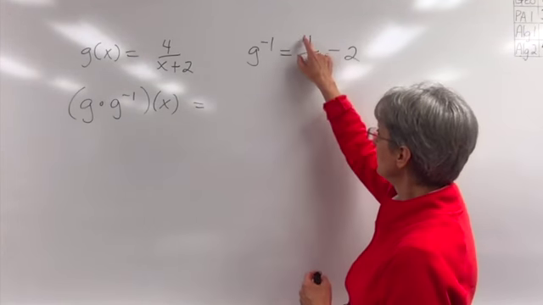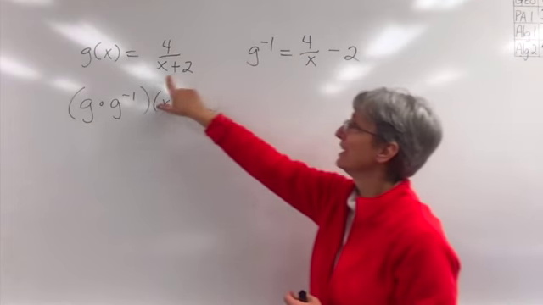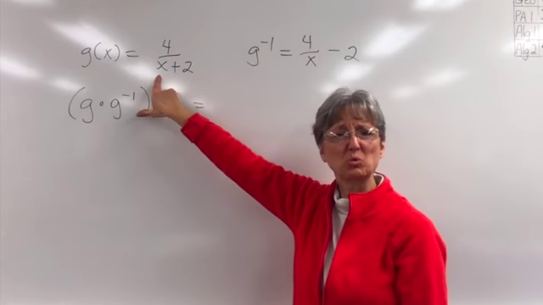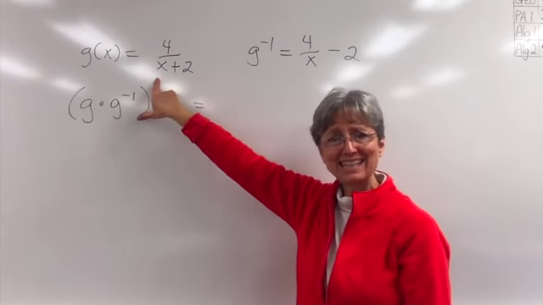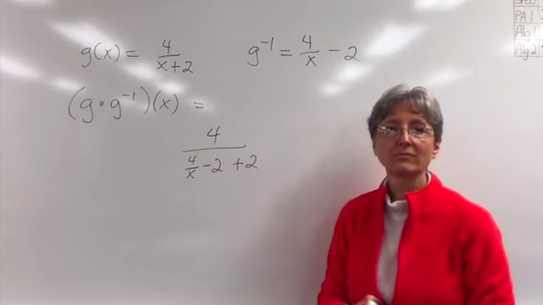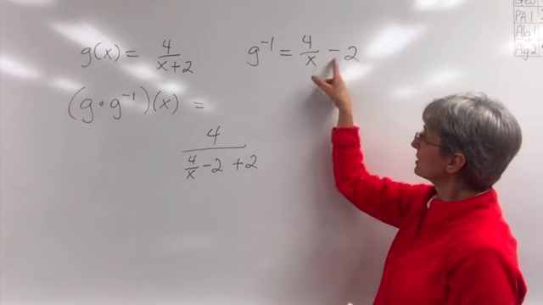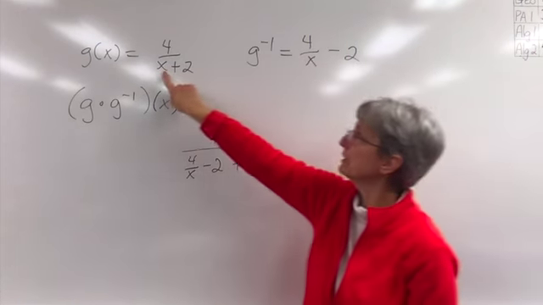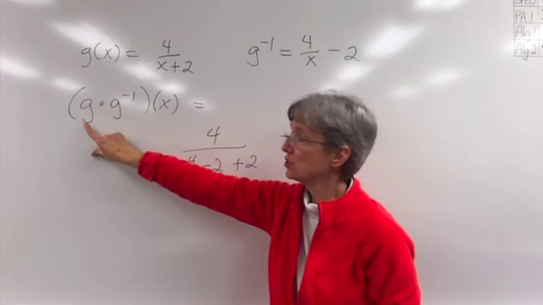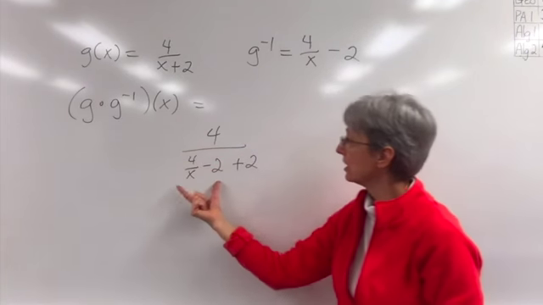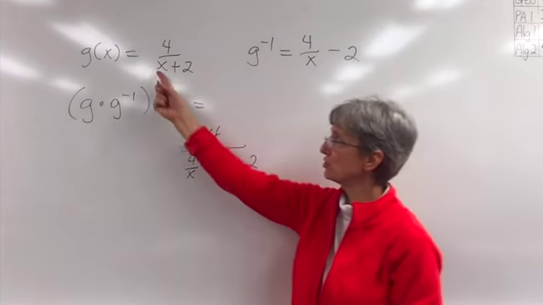Which means I'm putting this 4 over x minus 2 in place of x, and this looks really gnarly. So I may edit this out, but we'll see. Okay, so notice I put my inverse, which is 4 over x minus 2, in place of my x in g. Do you see that? The inverse into g.